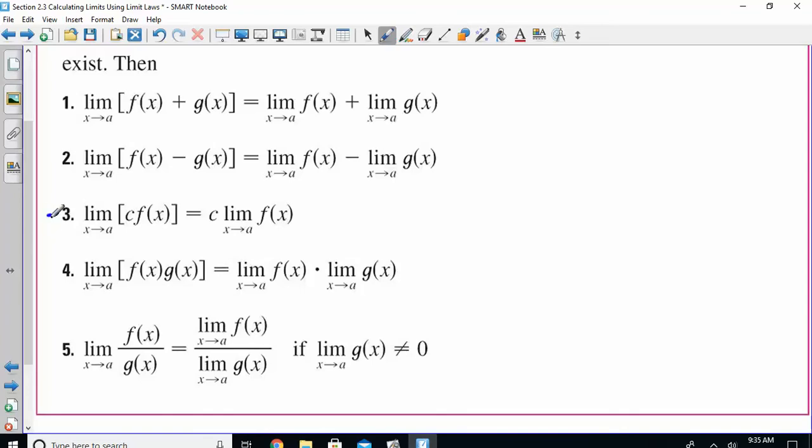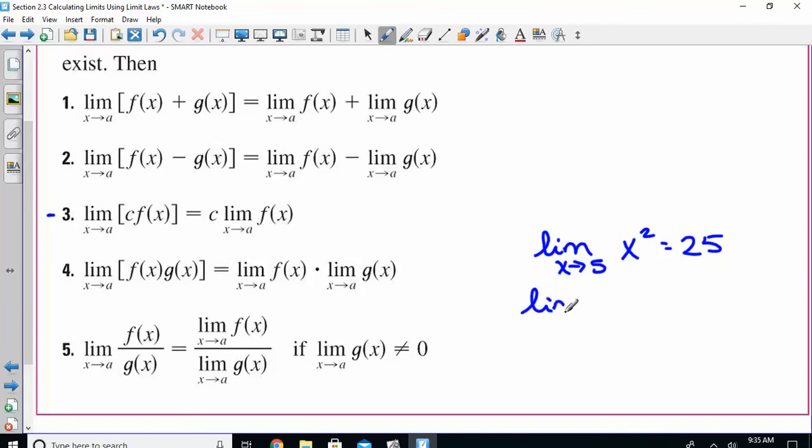The other rule is if you have a constant. So let's say you knew the limit as x approaches 5 of x squared. Let's say we knew that was 25.